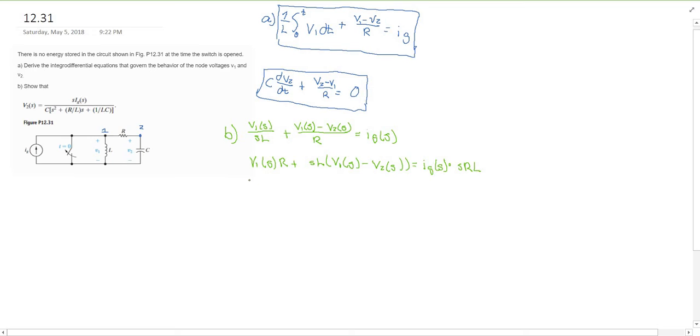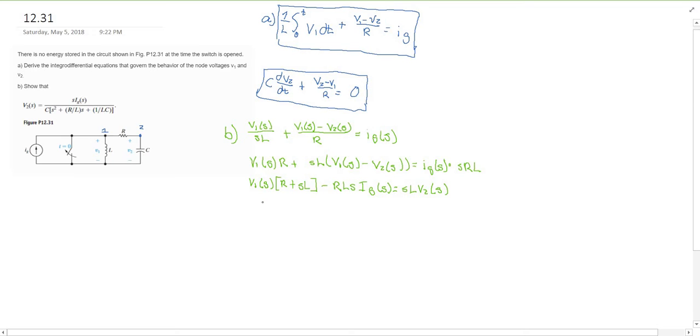So then we keep going. We're going to separate the voltages, because ideally that will make it a lot easier to solve. So plus sL, minus IG, which is equal to sL V2(s).